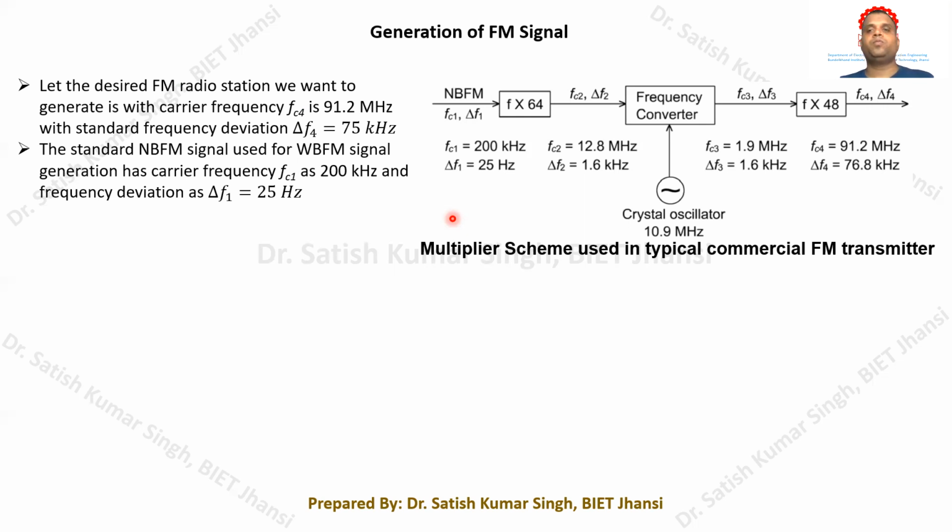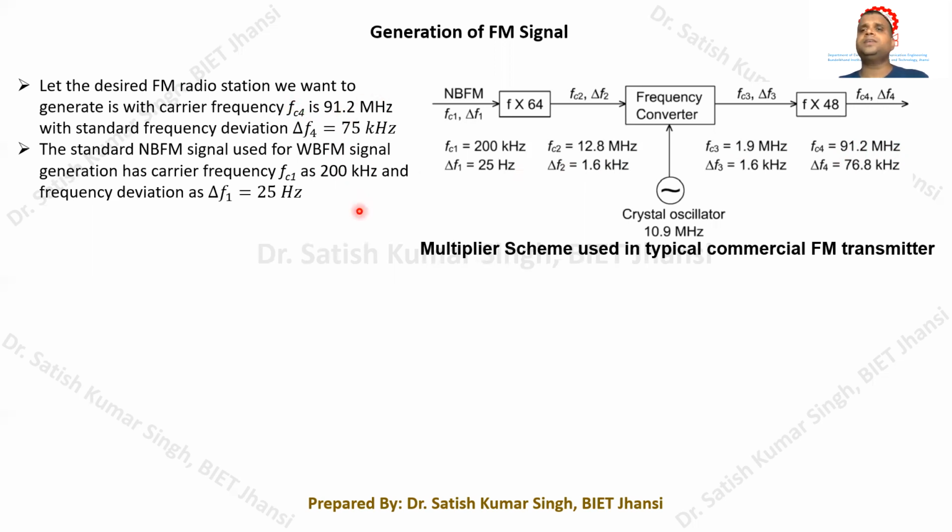So suppose we want to design an FM radio station by the indirect method in which the carrier frequency will be 91.2 megahertz. This is the requirement: the ultimate carrier has to be 91.2 megahertz, the radio station frequency.